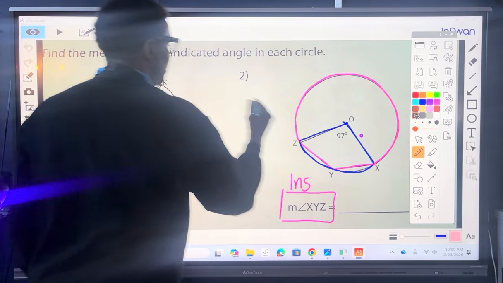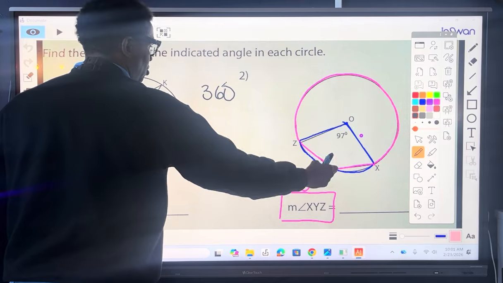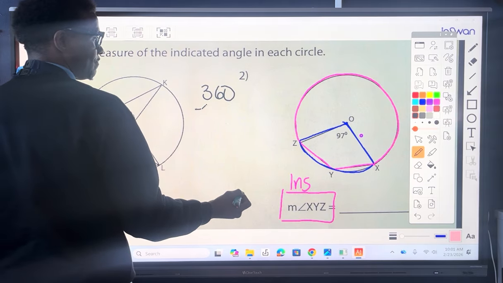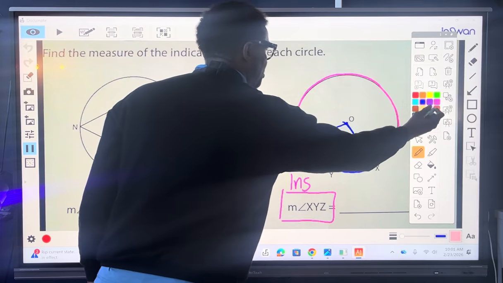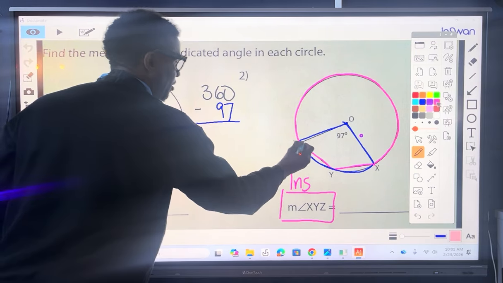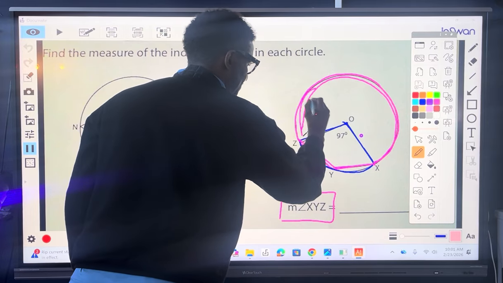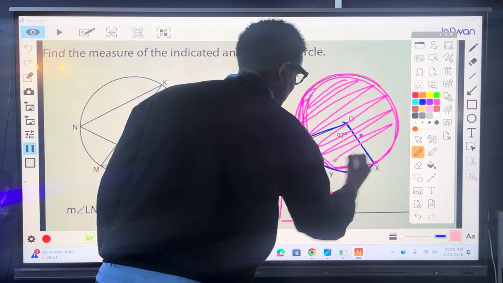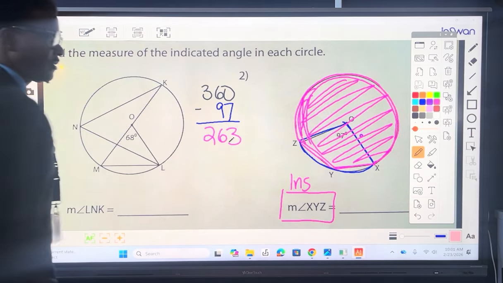So if the circle is 360 and the central angle on this side takes away 97 of it, how much space are we dealing with going this way? All of this is 263. So all of this you're dealing with is 263.